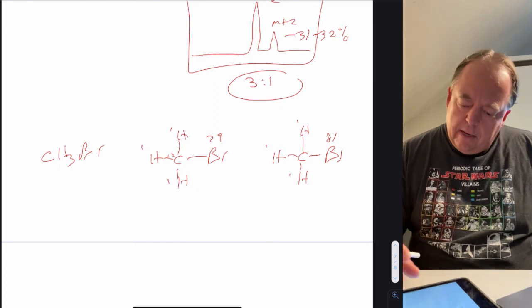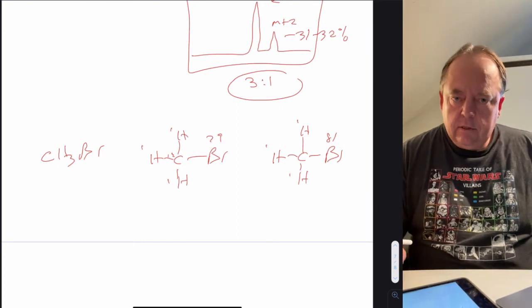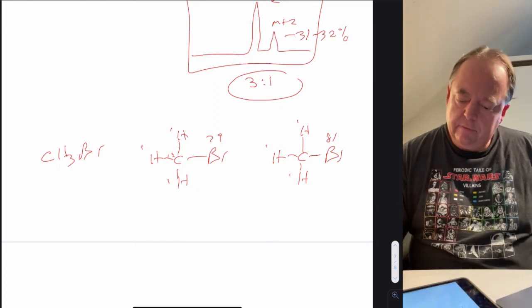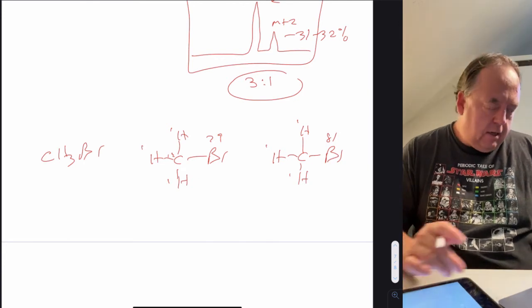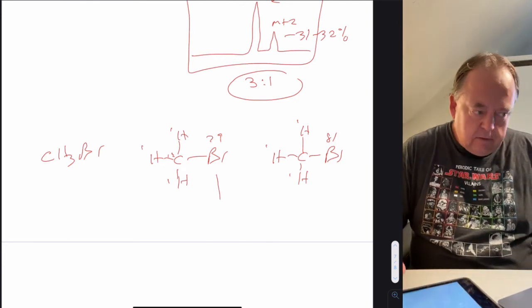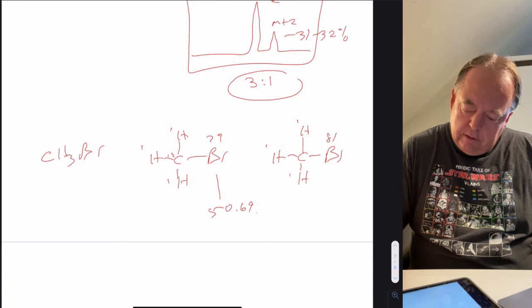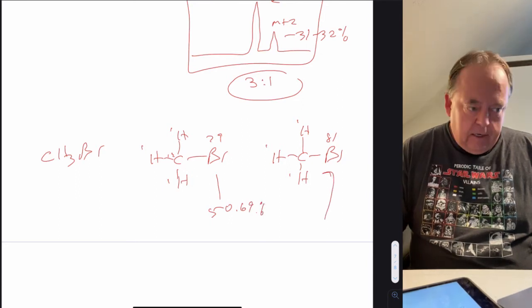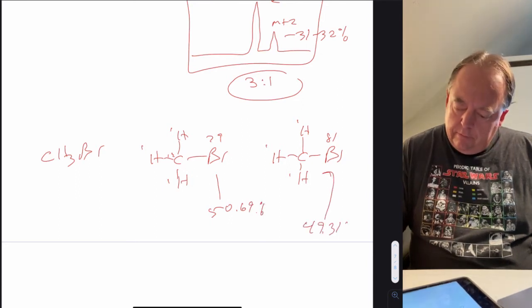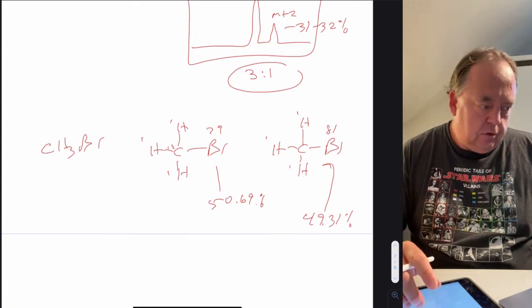So you don't have to worry about the isotopes of carbons and hydrogens too much in your mass spec, but something like chlorine or bromine you do, because bromine 79 is about 50.69% in nature, and bromine 81 is about 49.31% in nature, so about a 1-to-1 ratio.